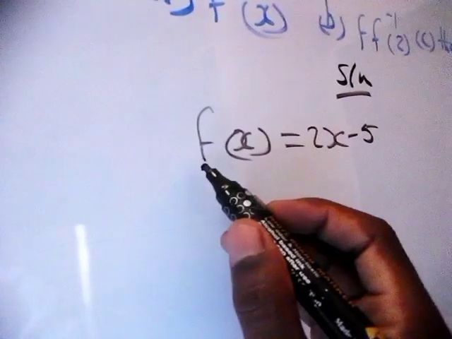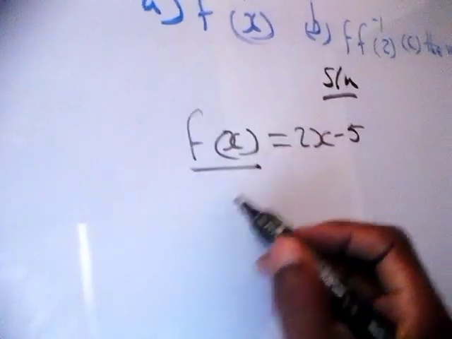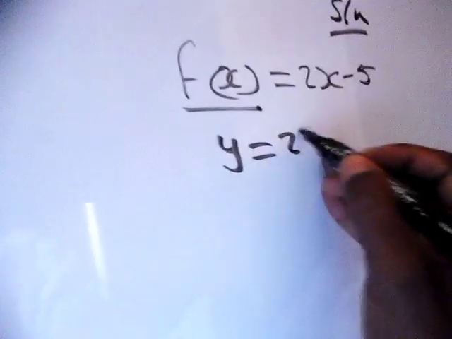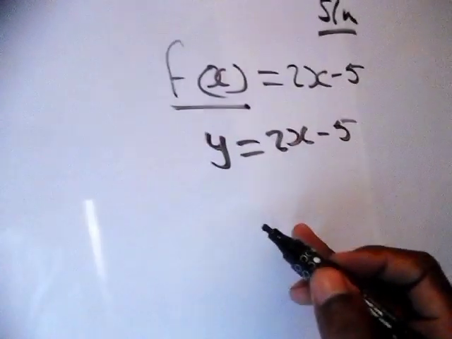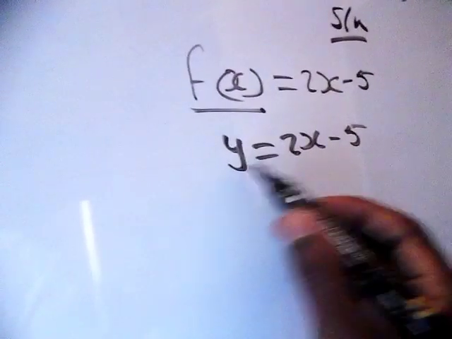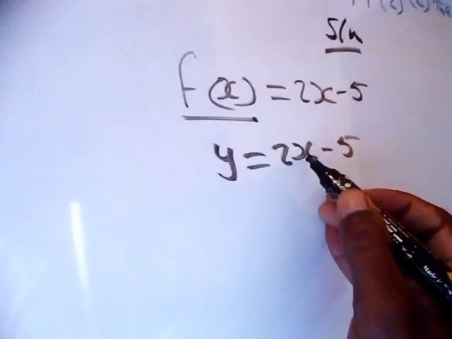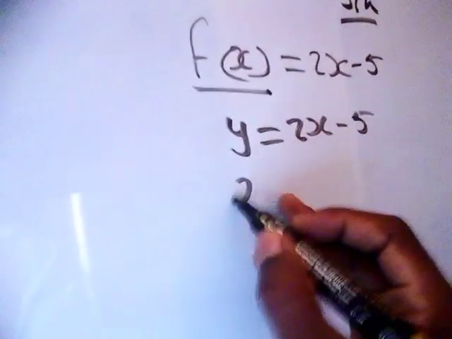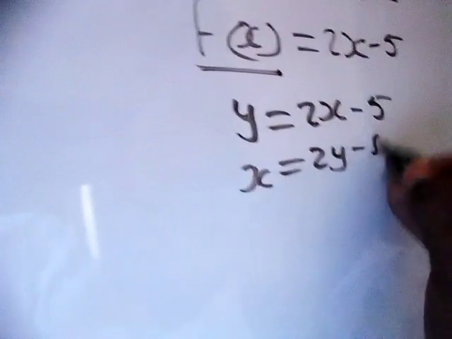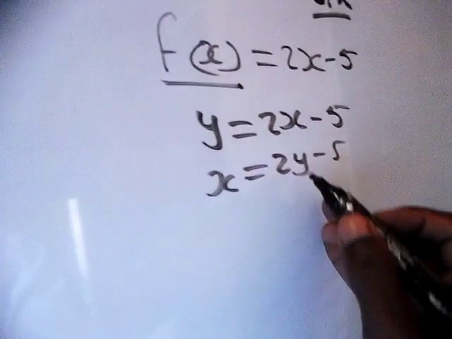First, we let y represent f of x. So y equals 2x minus 5. Second, we swap: where there is y we put x, and where there is x we put y. We have x equals 2y minus 5, after which we make y the subject of the formula.